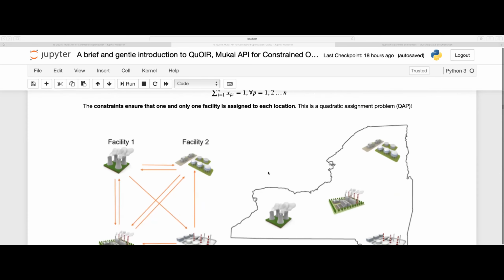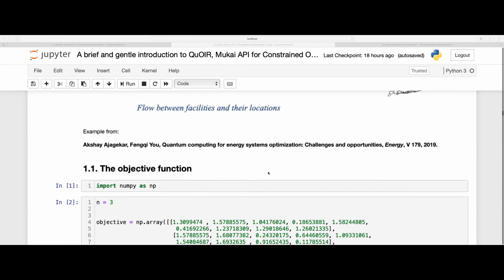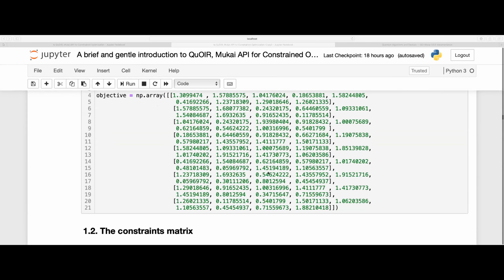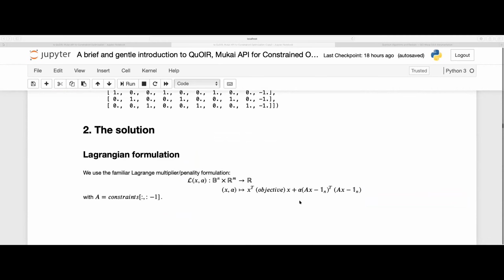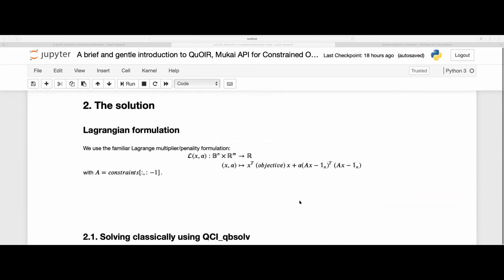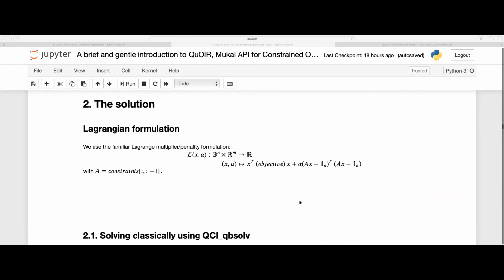This is a common practice in constraint optimization. Now, the way I'm solving this is using a simple and familiar Lagrange multiplier formulation, where we have a Lagrange multiplier alpha, which taxes you whenever you violate a constraint. So this is the description of the example and the mathematics behind.